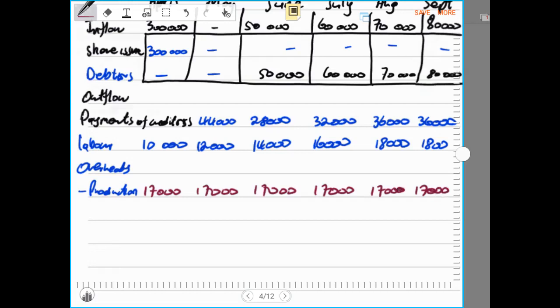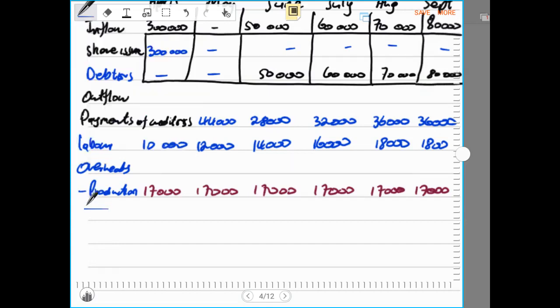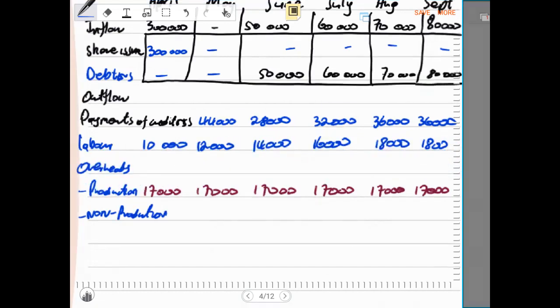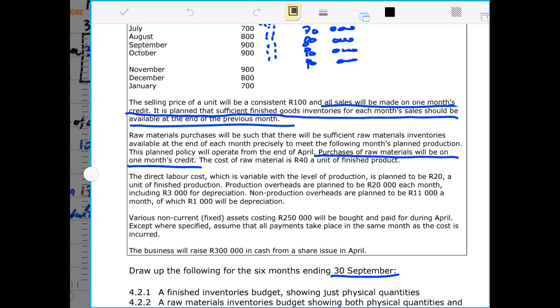Now we record the non-production overheads. As given here, they were 11,000 and there was 1,000 of depreciation, which is a non-cash item. The same thing will happen.